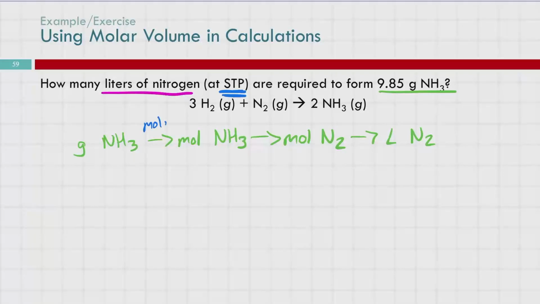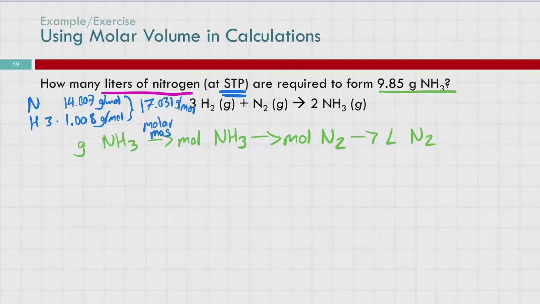We're going to need some molar mass, just one. It takes longer to write it out than it does to put it in the calculator for me, but we'll write it out so that we can see it, because it's maybe been a minute. Cool, we did it. 17.031 grams per mole.